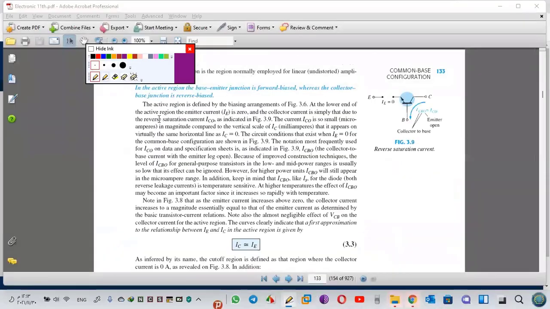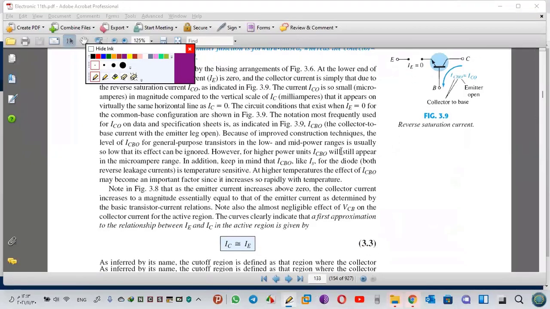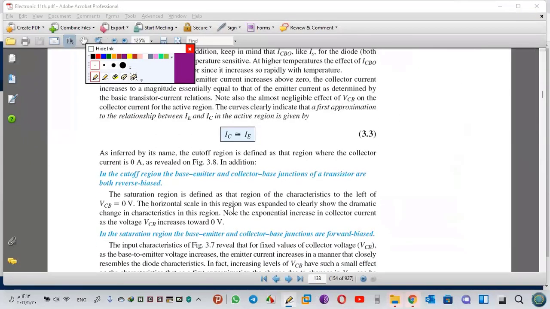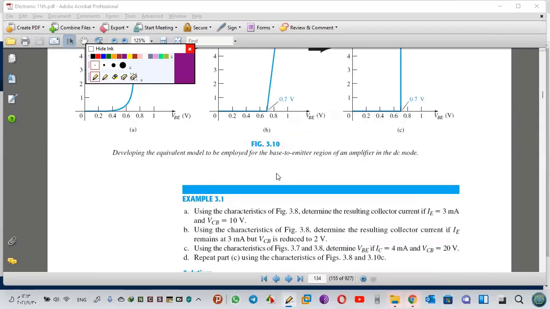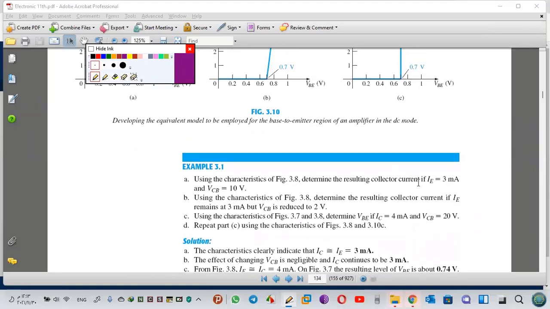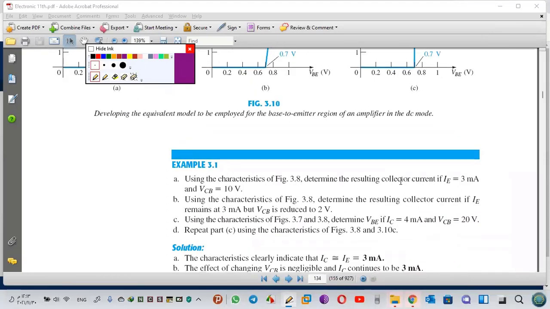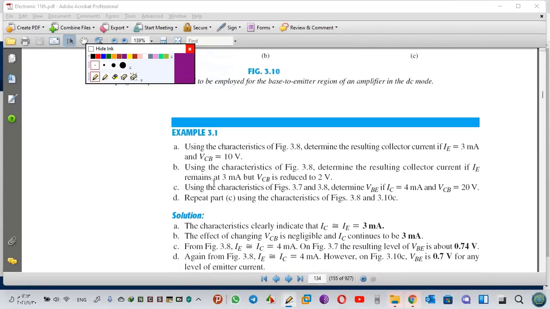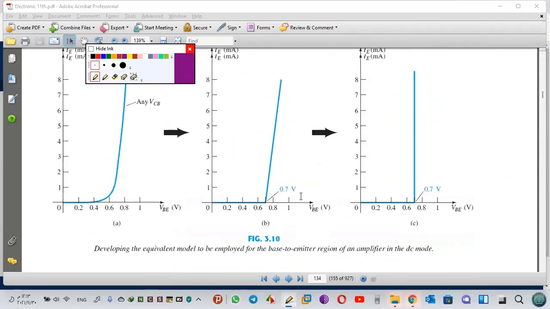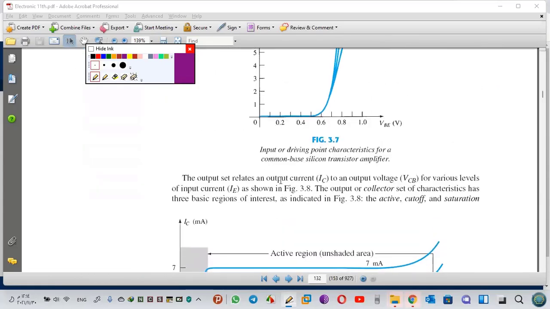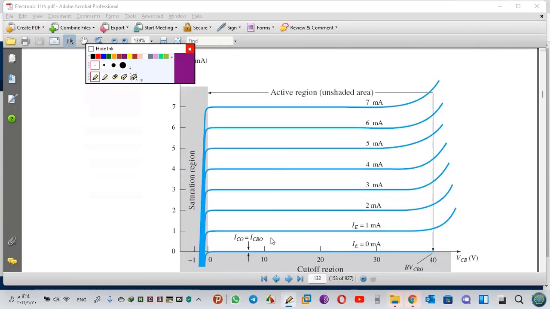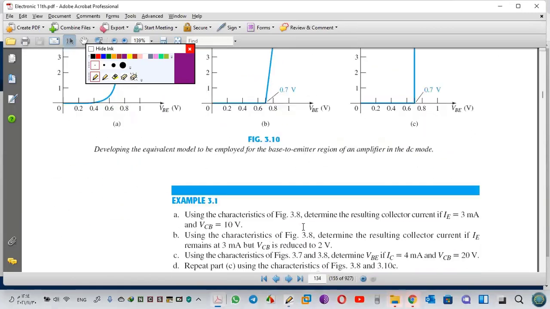Return back to our book. Here they explain this, but I explained based on a table, and a table is easier than this one. Now, using characteristics to determine the resulting collector current for I_E equals 3 milliampere and V_CB is 10.